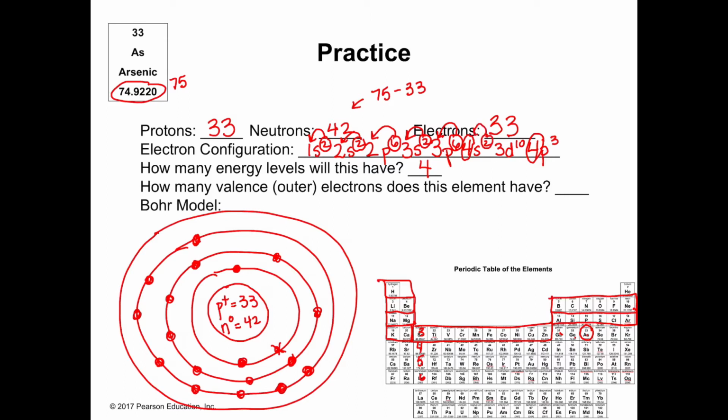We have 2 electrons that are going on the fourth energy level. And then we have 10 electrons that are going back on the third energy level. So we have 10 more for the third. And then we have 3 electrons that are going on the fourth energy level.